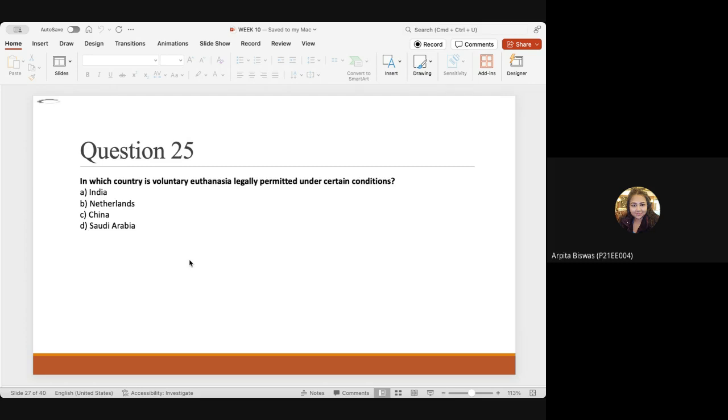First option is India, second option is the Netherlands, option C is China, and option D is Saudi Arabia. Go through the question carefully and try to give the right answer.